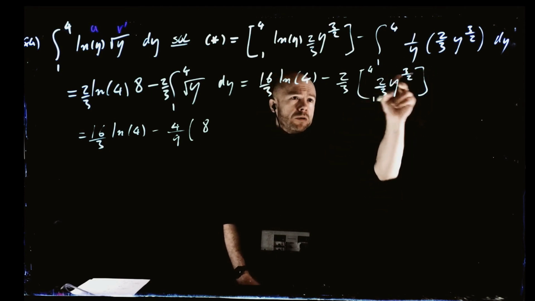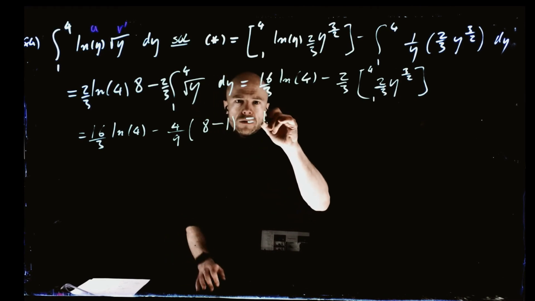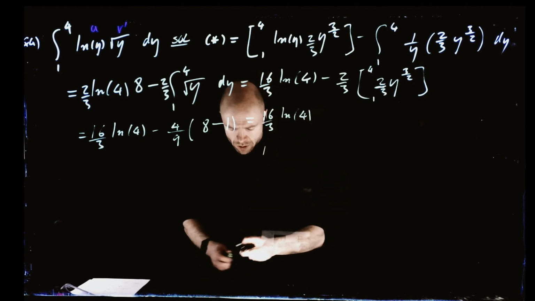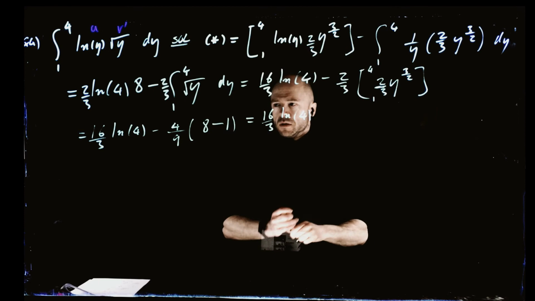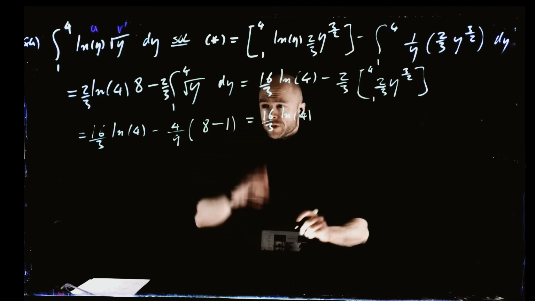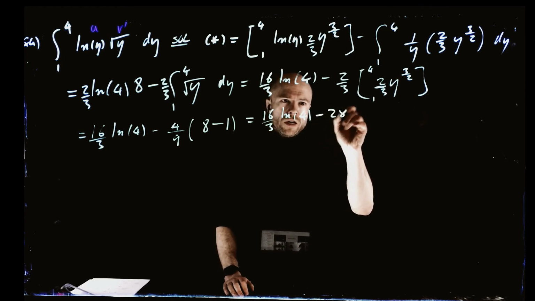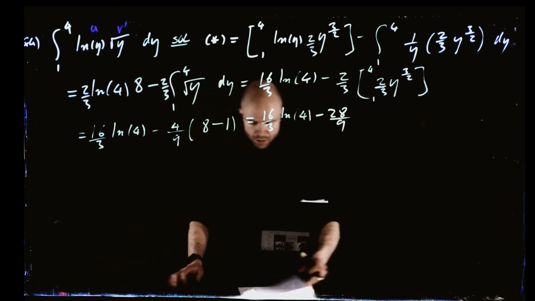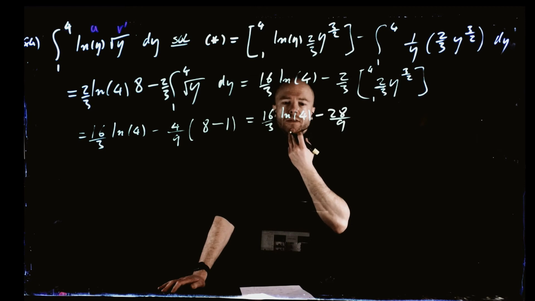And then when we put 1 inside here, we just have this. So then this thing is 16 over 3 log of 4, and this is going to be 7 times 4, which is 28, right? So 7, 14, 28, minus 28 over 9. Let's see if this is right. Yeah, this is right.